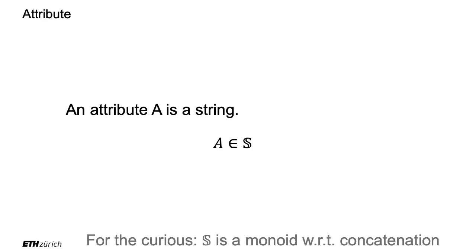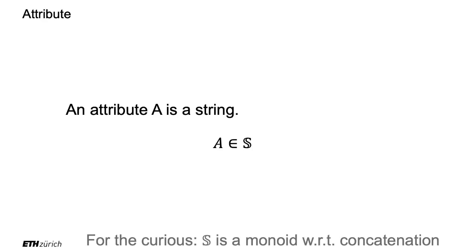It has a monoid structure because you can concatenate strings with each other. And it turns out to be associative. It has a neutral element, which is the empty string, but it's not necessarily commutative. And you don't have the inverse, right? So this kind of structure is called a monoid, the way you assemble strings.